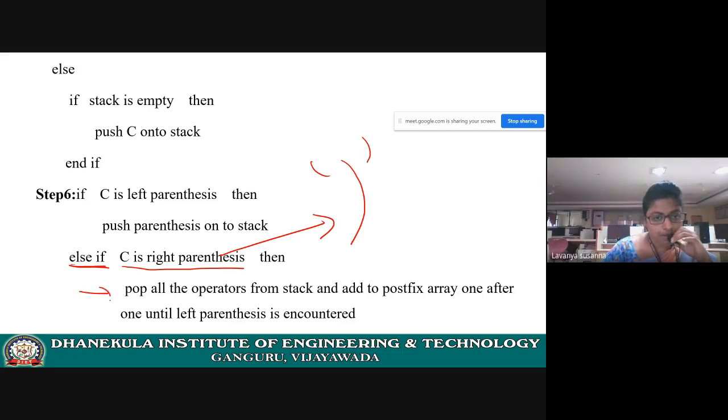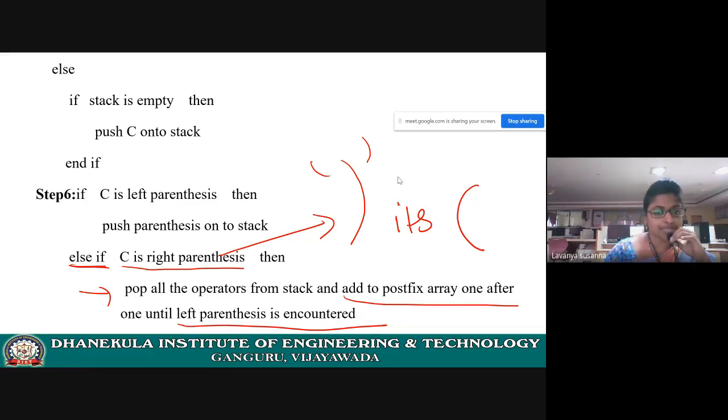Pop all the operators from the stack and add them to the postfix array, one after one, topmost elements only, until a left parenthesis is encountered, until you get the open bracket inside the stack.